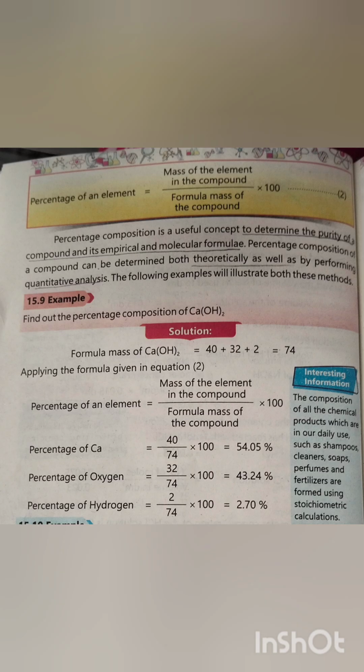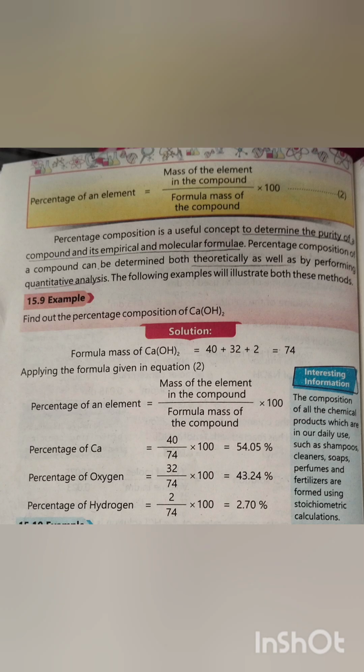For the calcium, we will put our values as 40 divided by 74 into 100, which is equal to 54.05 percent. Percentage of the oxygen is equal to 32 divided by 74 into 100, which is equal to 43% approximately.